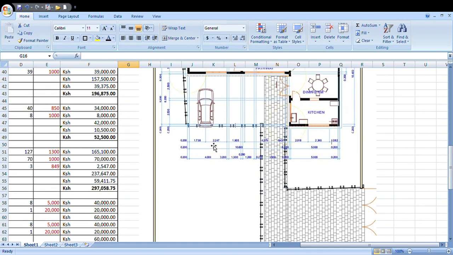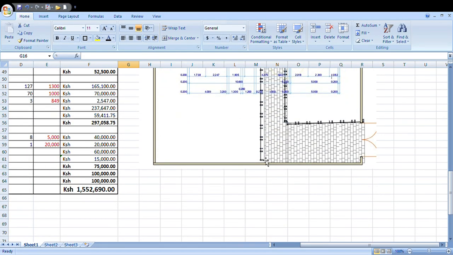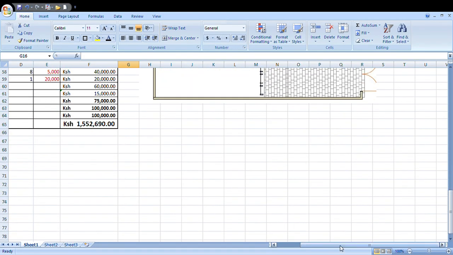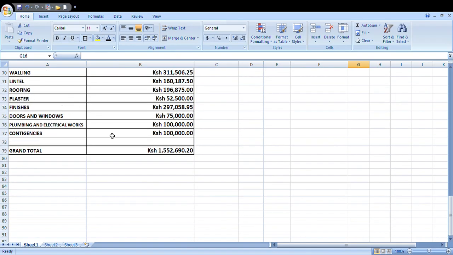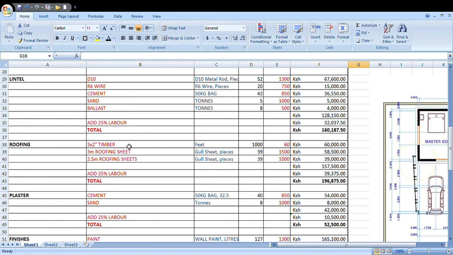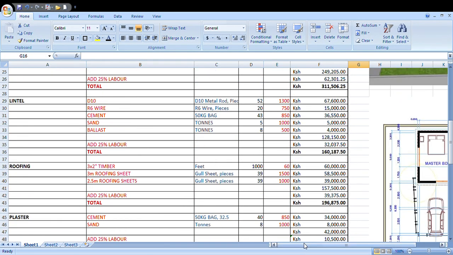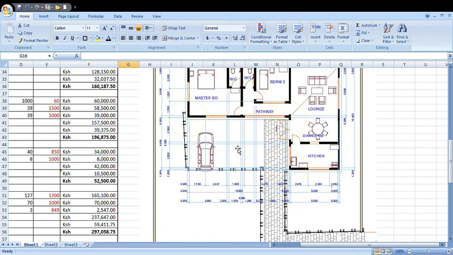So for this one, the total price is only about 1.5 million. For only 1.5 million Kenyan shillings, you will have this house.